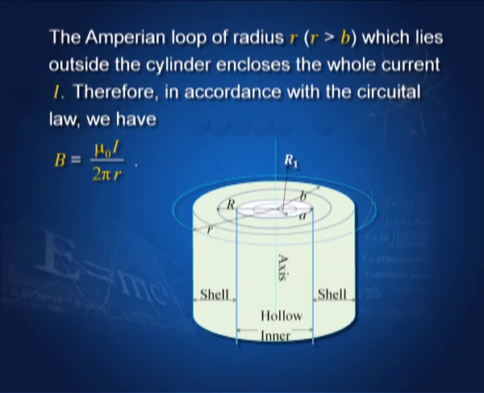For the field outside this conductor, we take the Amperian loop of radius r, small r, which is greater than the outer radius B of the cylinder, and this circle includes all the current which is there in the conductor, the whole of this current. Because of symmetry, the magnetic field must be constant and along the loop.